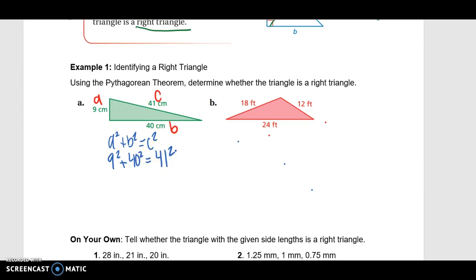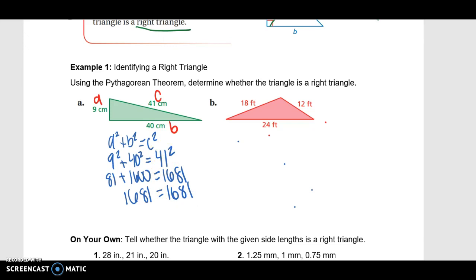And then you are going to square all three numbers. 81 plus 1600 equals 1681. I'm going to combine 81 plus 1600. Get 1681. Don't need to do anything on my right hand side.